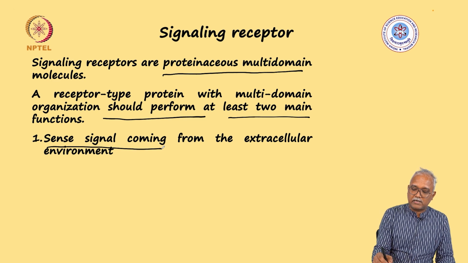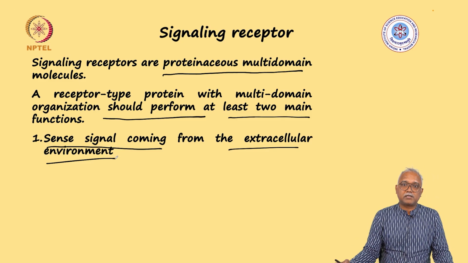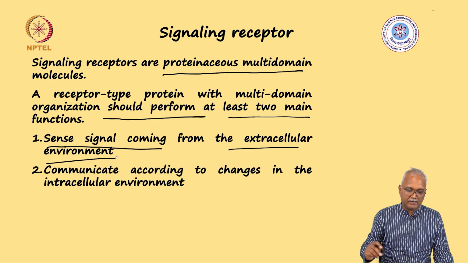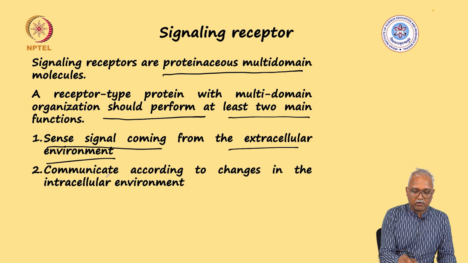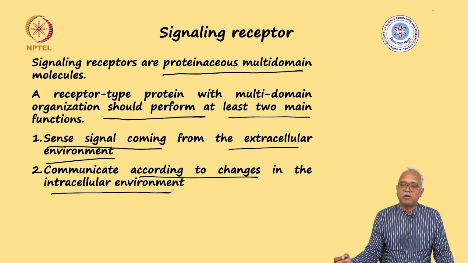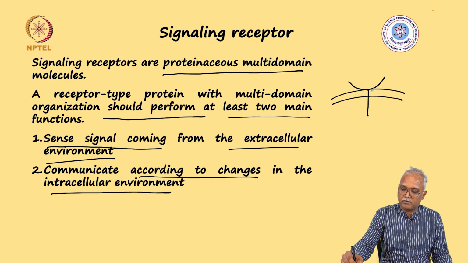Now this extracellular signal which has been sensed by the receptor must activate something so that the receiver cell knows of the presence of the signal. In that case, it should communicate accordingly the changes in the intracellular environment. What I mean here is that if this is your membrane, this is your receptor.